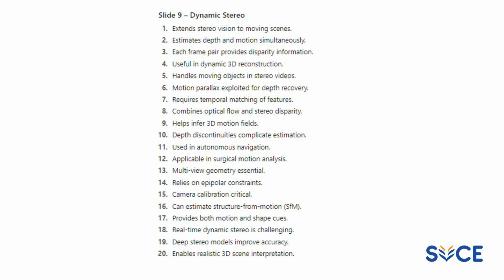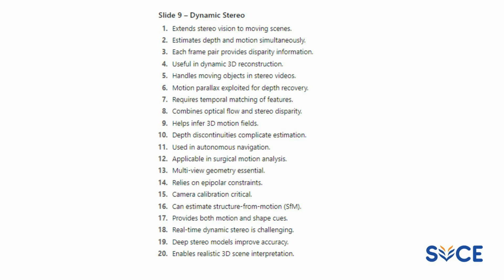So there are some key steps in dynamic stereo. First one is stereo matching. For each frame, compute the disparity map by finding the corresponding points between the left and right cameras. Here the disparity d is equal to x of left minus x of right, and depth Z is equal to f times b divided by d, where f is the focal length and b is the baseline distance between the cameras.